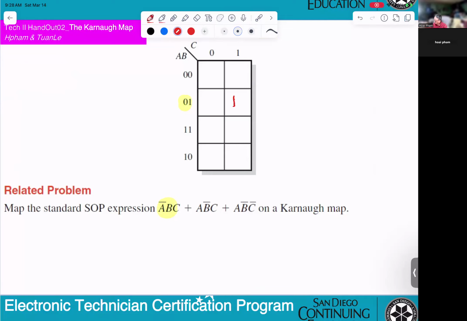Next one, A, B not, C. That means here. Next one, A, not B, not C. It will be here.